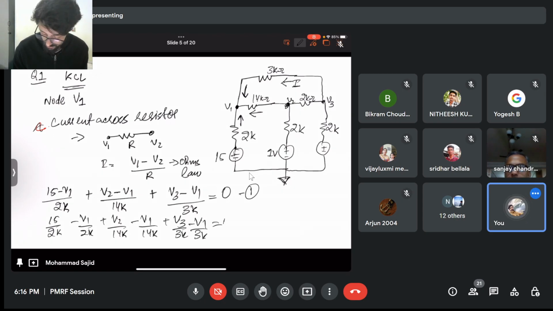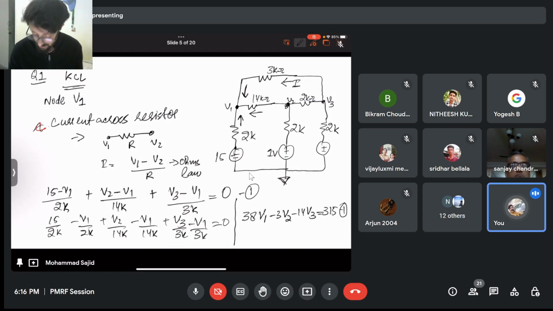I have solved this question already, and on solving this properly, you have to just do the simple math. You will find an equation that is equivalent to 38V1 minus 3V2 minus 14V3 equals 315. Now this is your first equation.